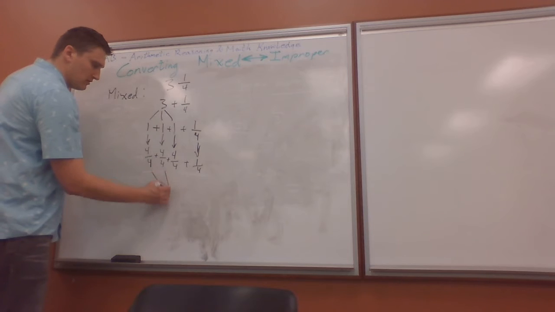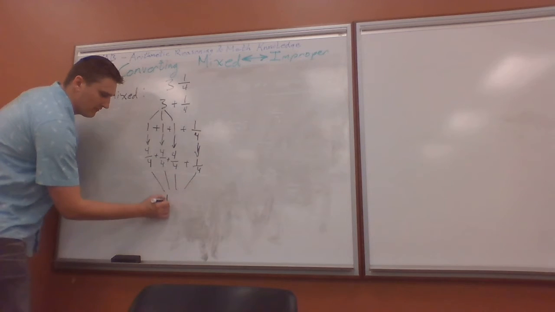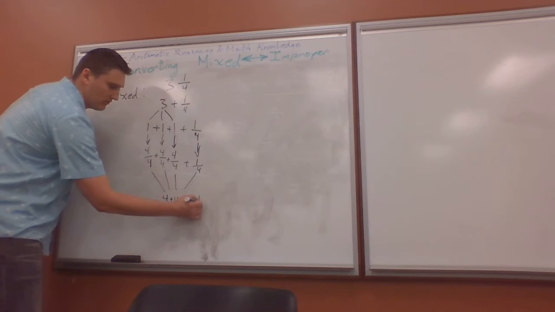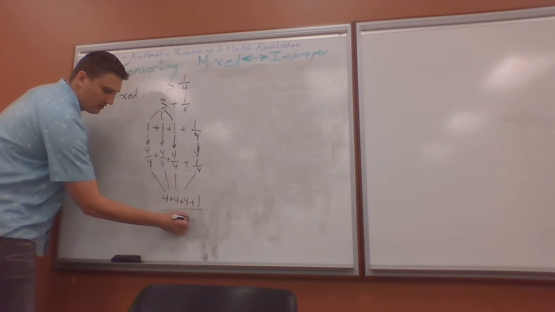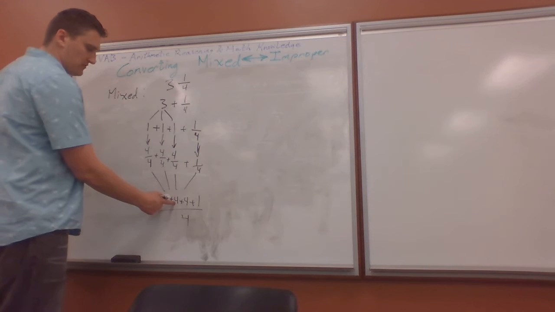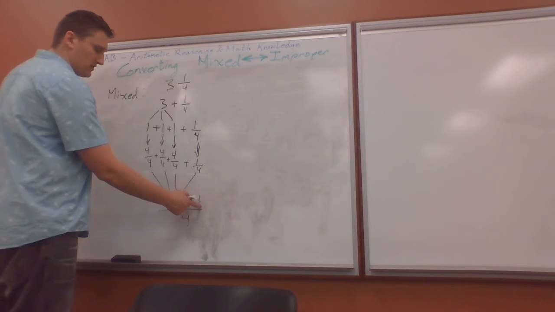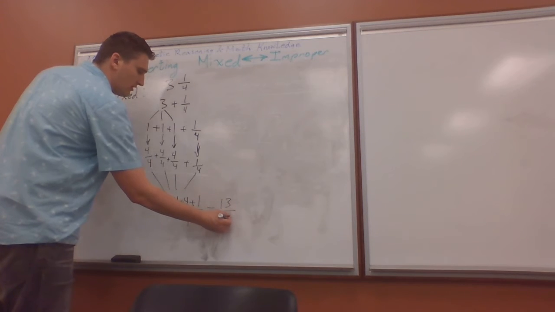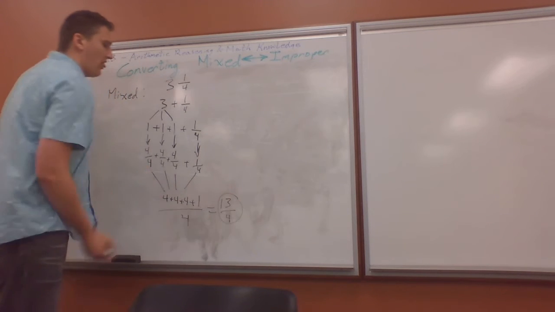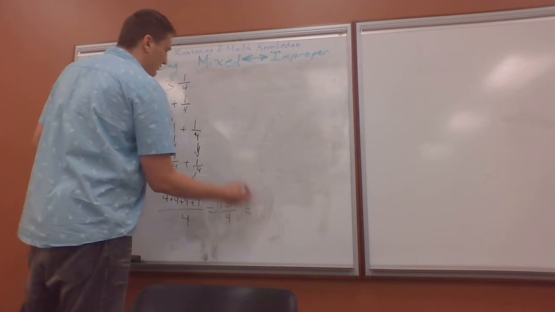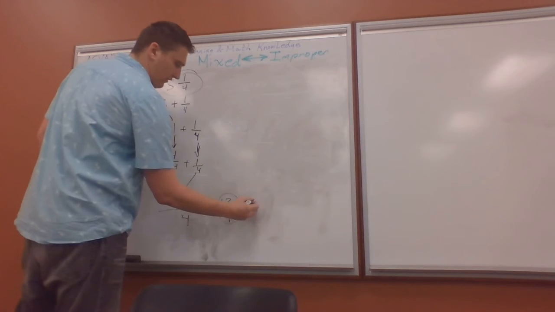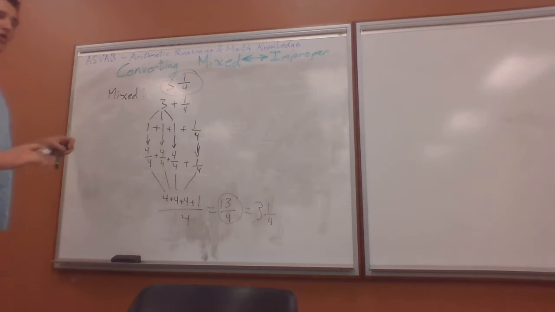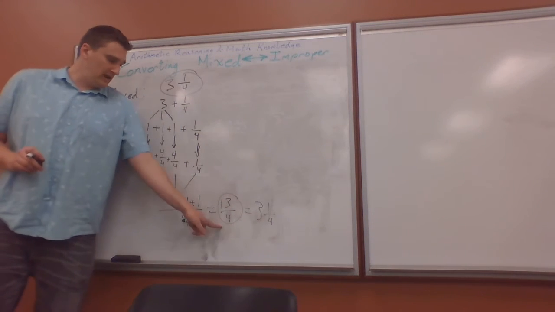So I have 4 plus 4 plus 4 on top plus my 1, and all over 4. So 4 plus 4 is 8, plus 4 is 12, plus 1 is 13. 13 over 4. That is equal to 3 1/4.